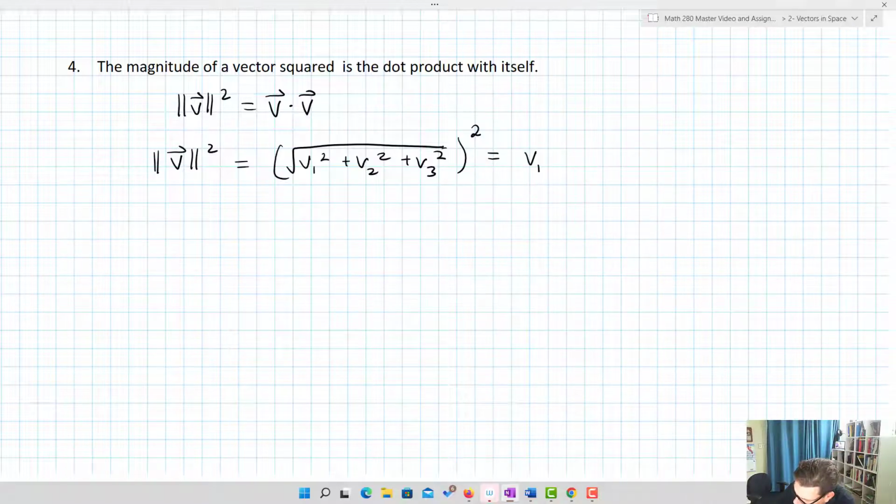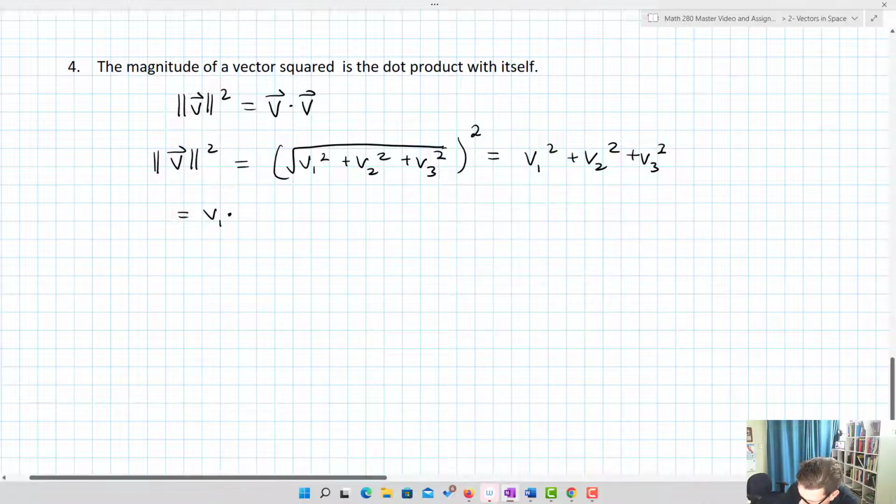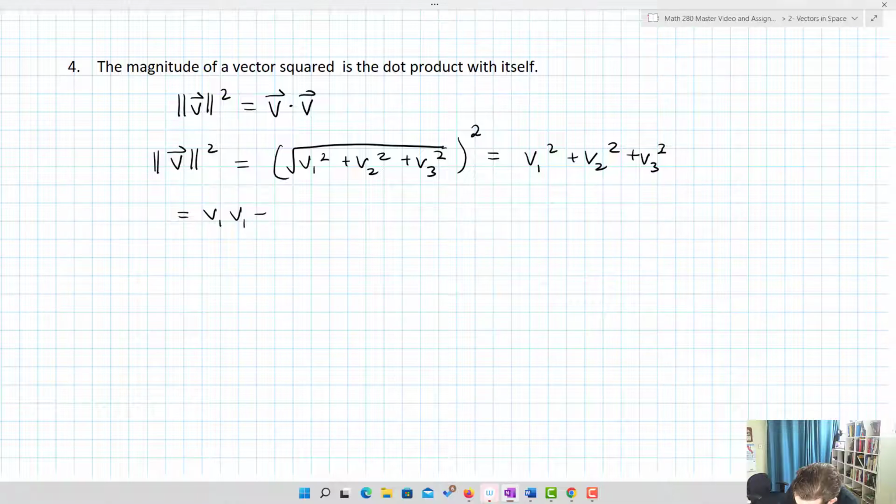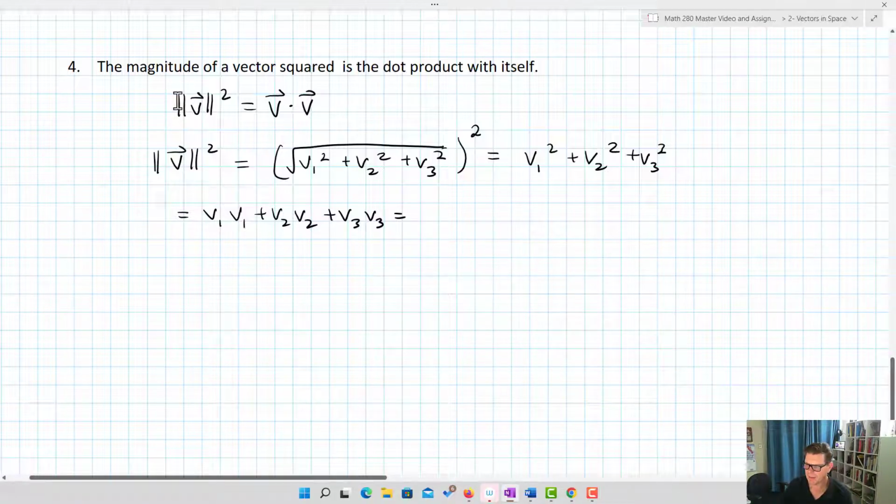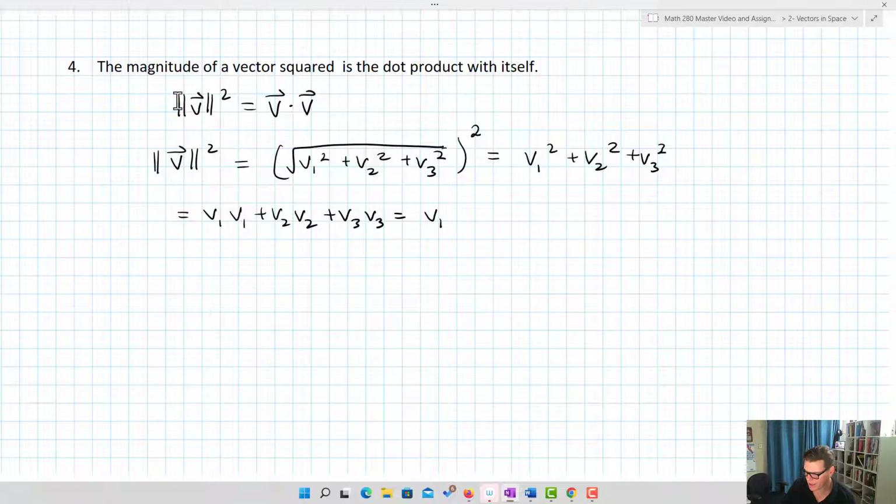We end up with v1 squared plus v2 squared plus v3 squared. And that equals v1 times v1 plus v2 v2 plus v3 v3. Well, what is that? That's the dot product, v dotted with itself, v dot v.